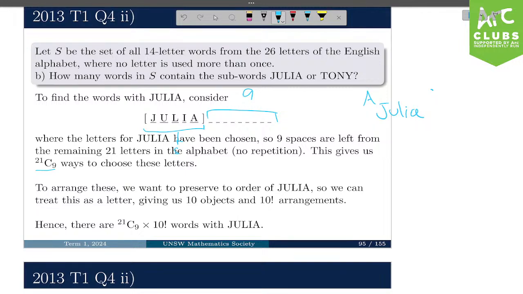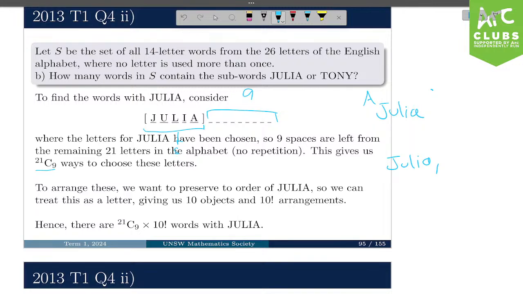So we've chosen our letters. What we do now is consider the arrangements of the letters. We want to arrange these letters, but we want to keep the subword Julia intact. So what we can do is consider Julia as one word.